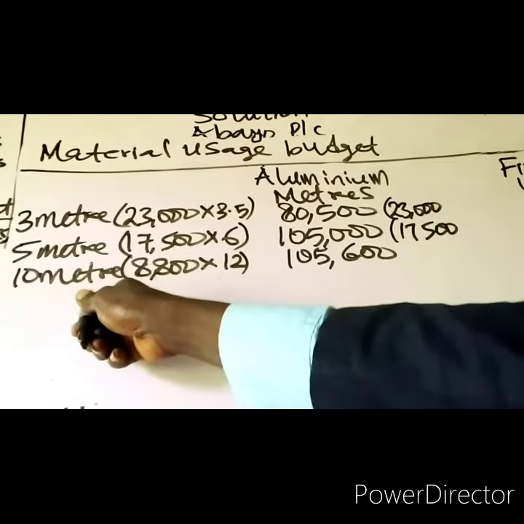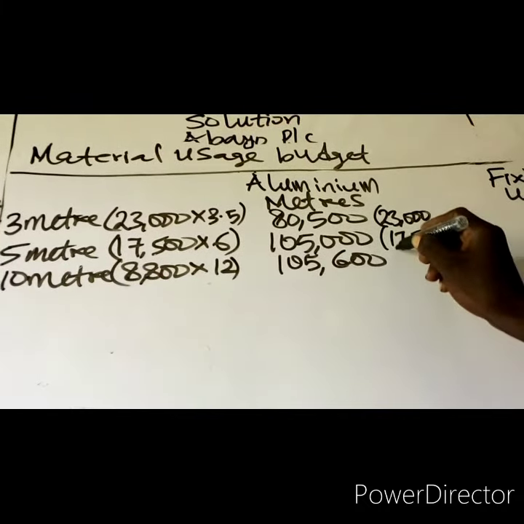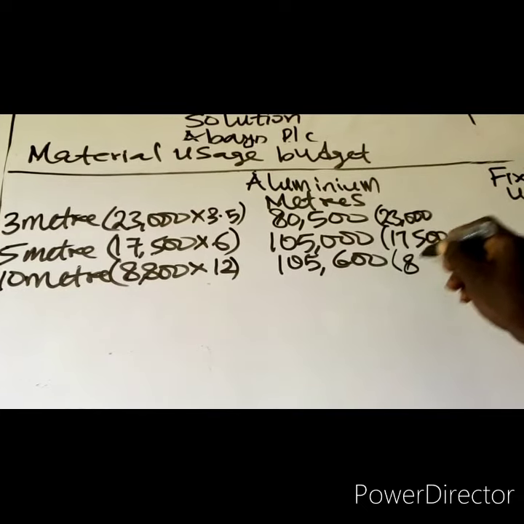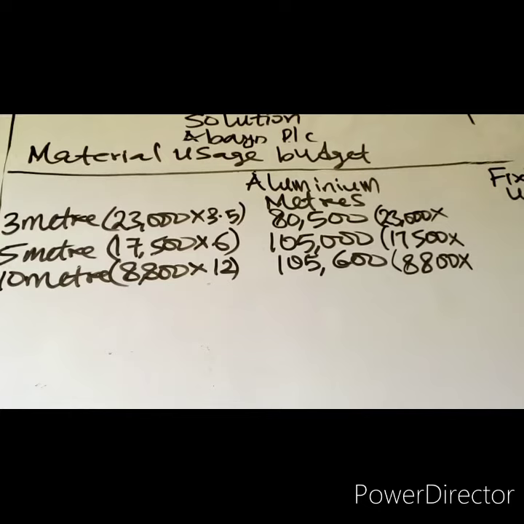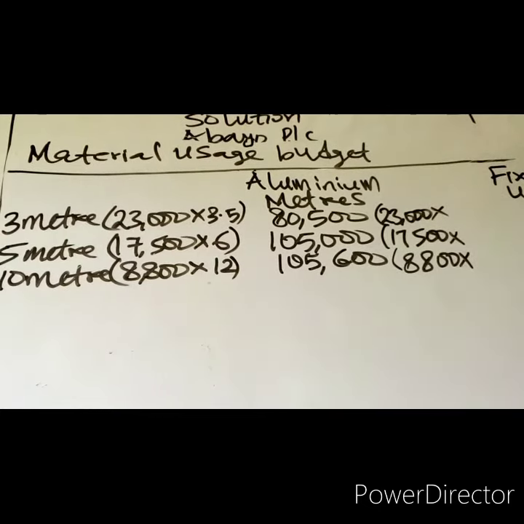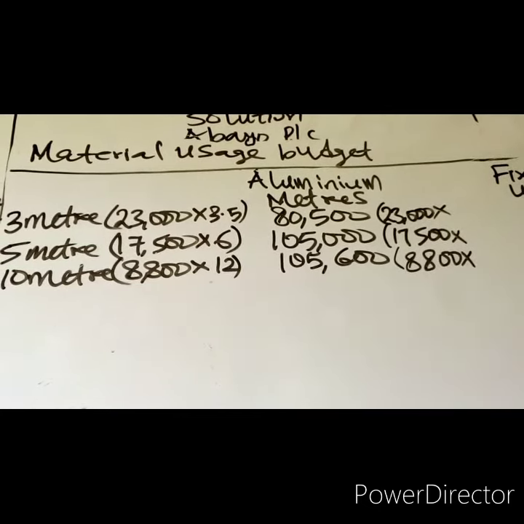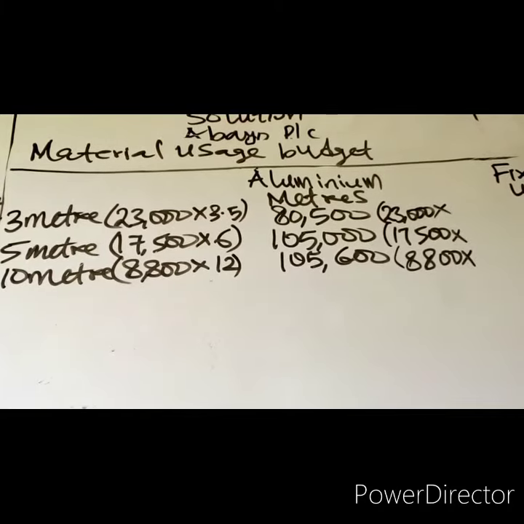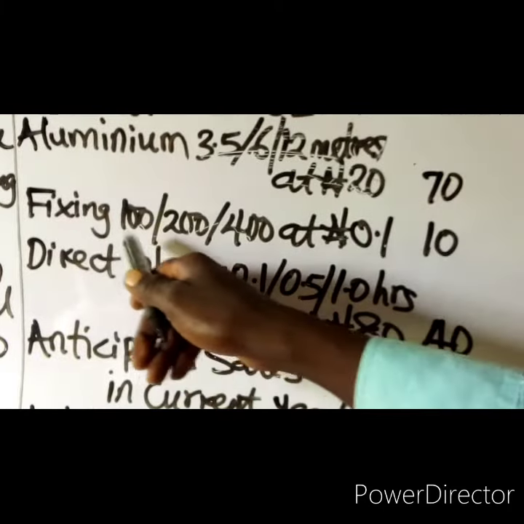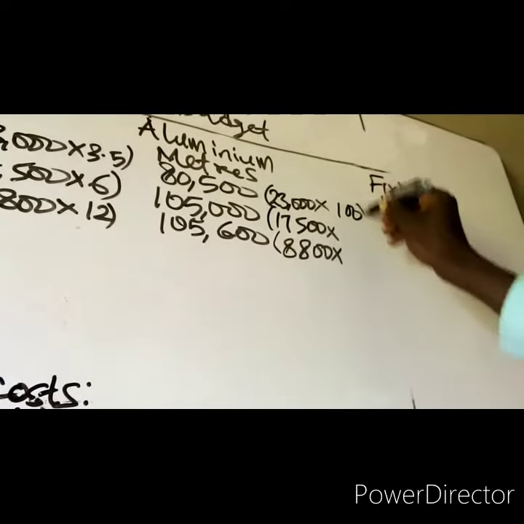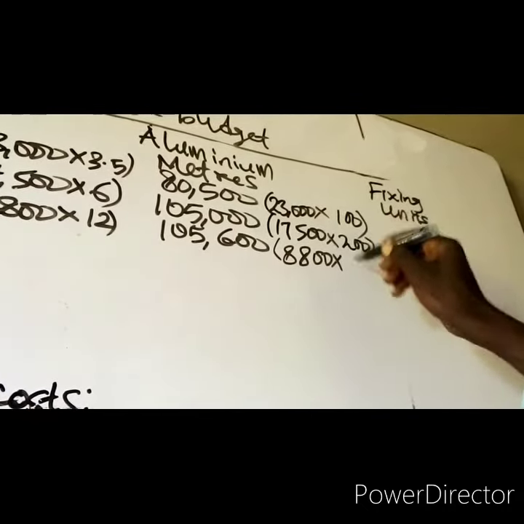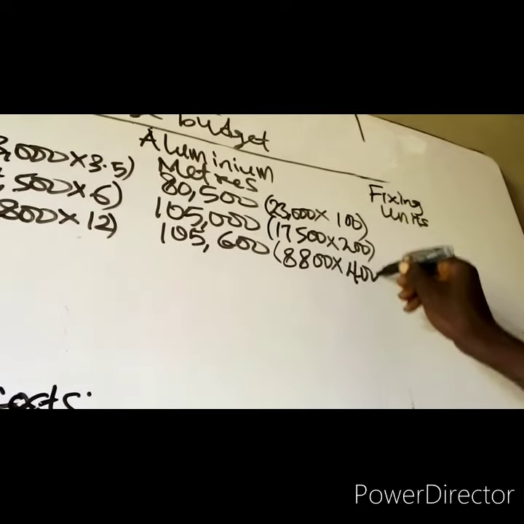And for 10 meter, the production is 8,800. You want to know the number of units that will be required to achieve that level of production. Now, the usage is 100, 200 and 400, multiplied by the respective production.